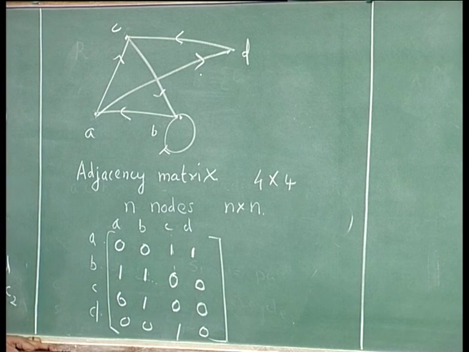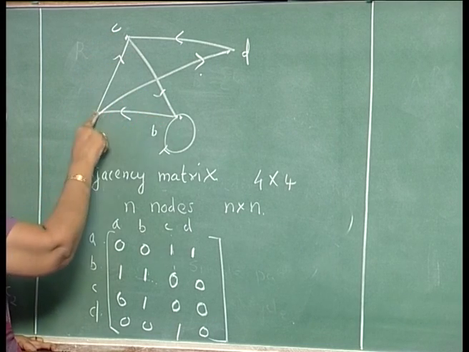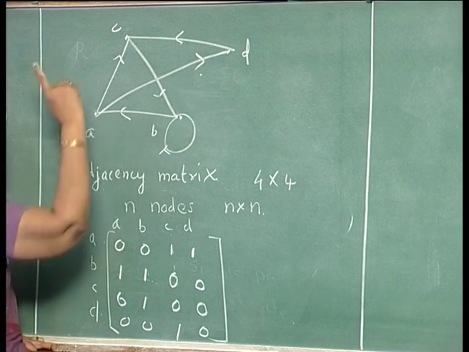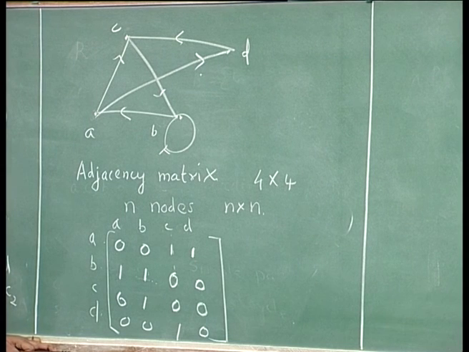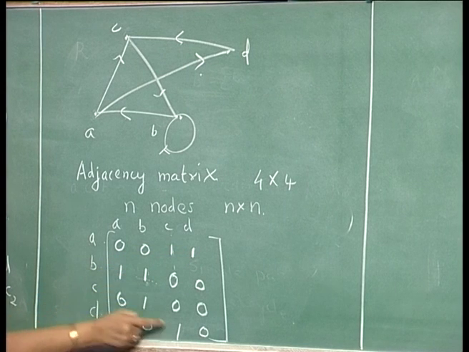Now, we can see that there are 1, 2, 3, 4, 5, 6 edges, and in this Boolean matrix there will be 6 ones.